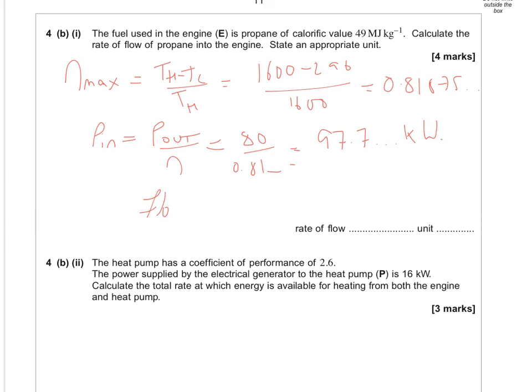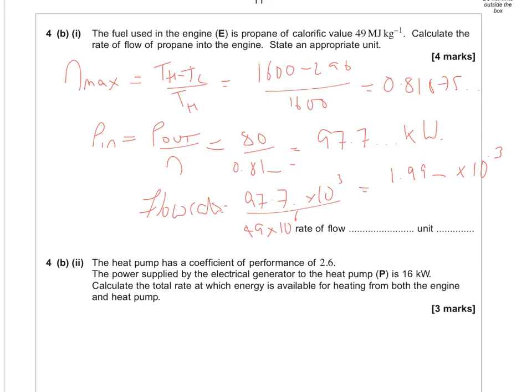So the flow rate is going to be 97.7 times 10 to the 3 divided by the calorific value, 4.9 times 10 to the 6. So let's times it by 1000 and divide by 4.9 times 10 to the power 6, which comes out at 1.99 times 10 to the minus 3.